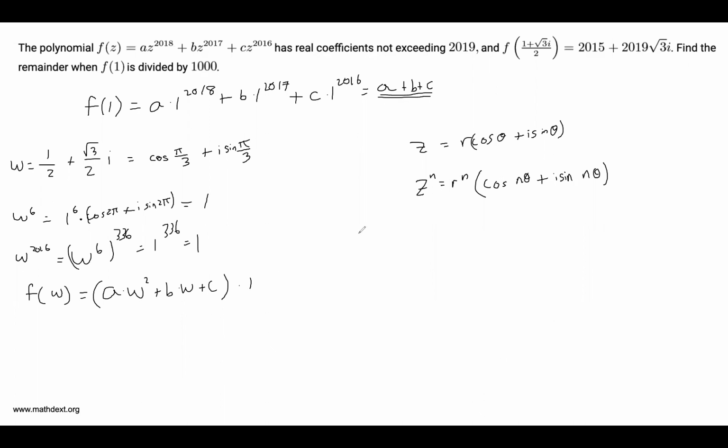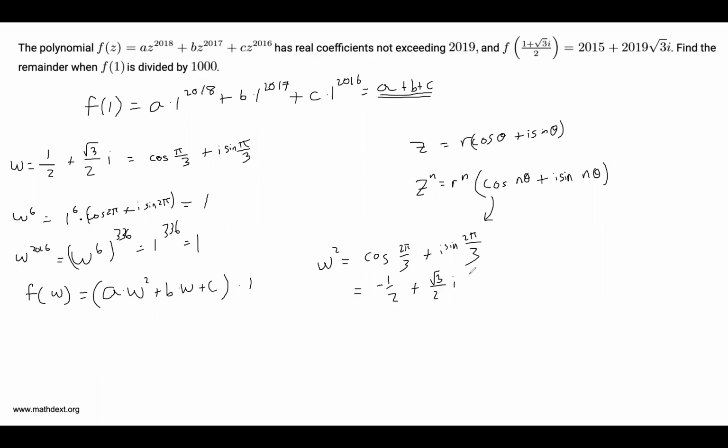And we have omega squared is cosine of 2 pi over 3 plus i sine of 2 pi over 3. This follows from de Moivre's theorem. This is going to be equal to, well, cosine of 2 pi over 3 is negative 1/2, and sine of 2 pi over 3 is square root of 3 over 2.